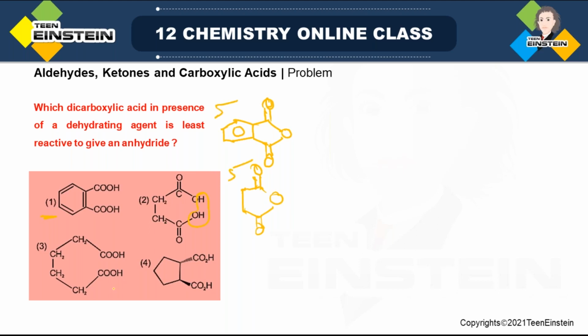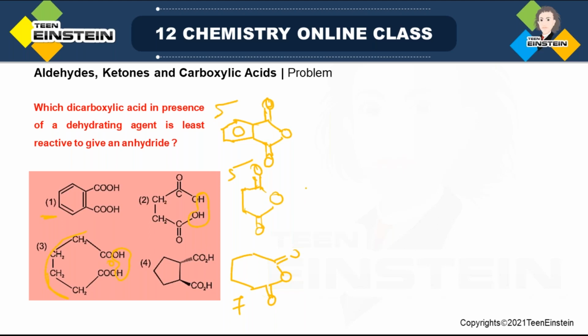When it is option 3, what will be the ring size, the total number of atoms? One H is removed, so there will be one more oxygen here. So COC, and on this side you have a total of 4 atoms. So the structure will be like this, COO. So it is 7-membered.